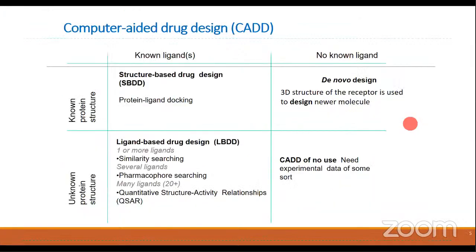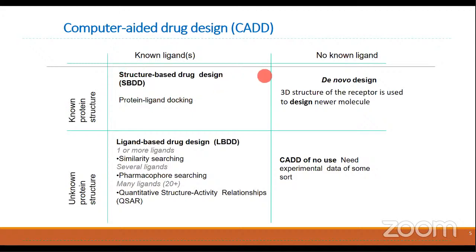So with this, I'm moving to CADD. What kind of CADD technologies can be used depends on the information available. For example, if you already know the protein structure, meaning the target structure, and the ligand, which is a molecule, and both are available, then we can go ahead with the structure-based drug design approach.